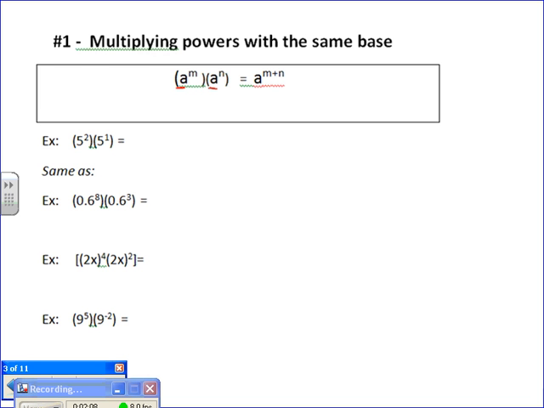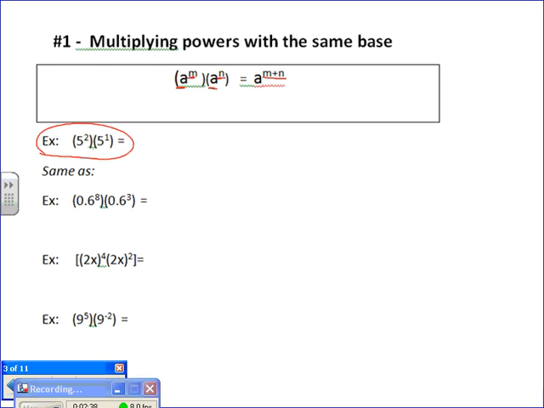So a to the m, for example 5 to the exponent 2 times 5 to the exponent 1. How do I figure out what that answer is? The shortcut is that when we multiply powers with the same base, we add the exponents. So a to the m times a to the n is equal to a to the m plus n. Of course, you're going to have numbers for m and n, and you add them together.